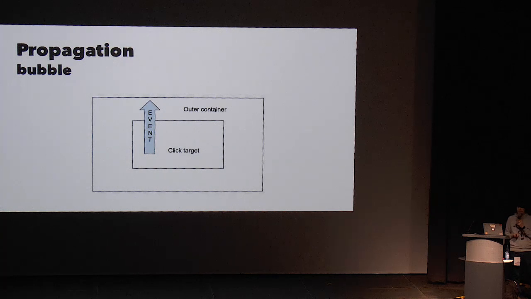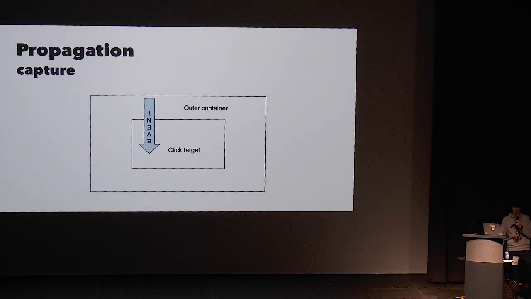Then if you set it to true, it changes to something called capturing, and this basically reverses the way events flow. So the ancestors will get the events first, and the inner target, the click target itself, will receive the event last.